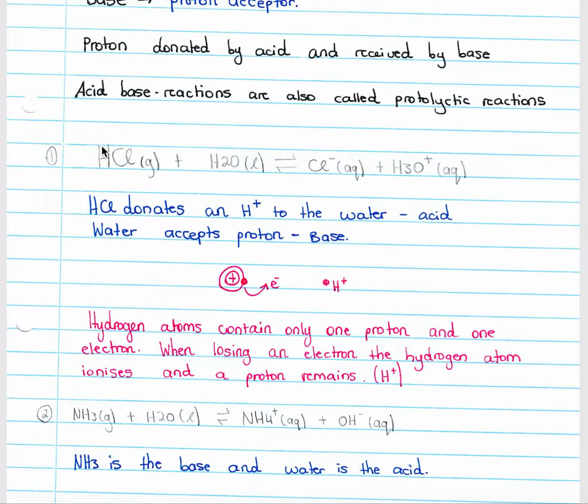The H+ is then donated, leaving us with a Cl-, as we can see here, and the H+ is accepted by water, which acts as a base, and we get H3O+, which is known as the hydronium ion. Hydrogen atoms contain only one proton and one electron. When losing an electron, the hydrogen atom ionizes and a proton remains. So as I was saying earlier, H+ is simply a hydrogen atom that has lost its electron.